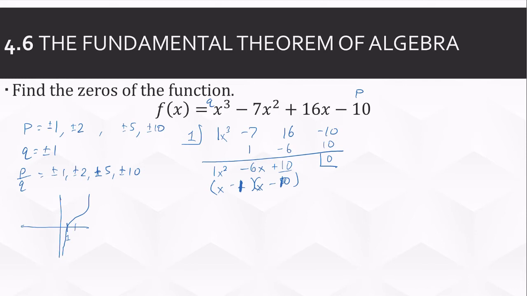No. So it looks like we can't factor it. So if we can't factor it, we'll have to use the quadratic formula. It'll be negative b plus and minus the square root of b squared minus 4ac over 2a.